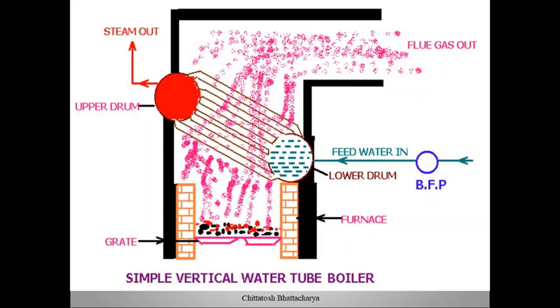The available heat is absorbed in the water passing through the boiler bank tubes, and gradually steam is evolved, and from the upper drum or steam drum, steam is taken out at saturated condition.